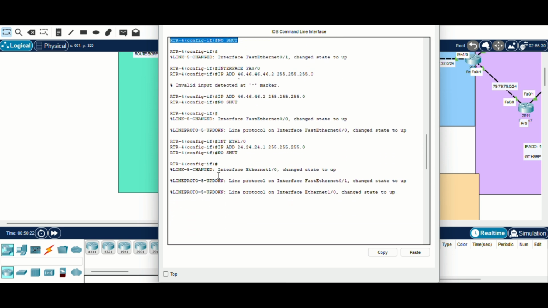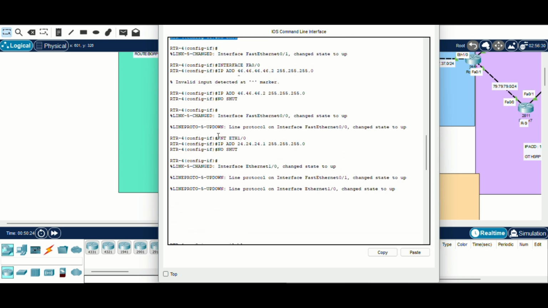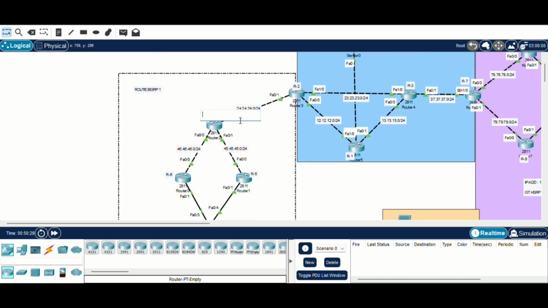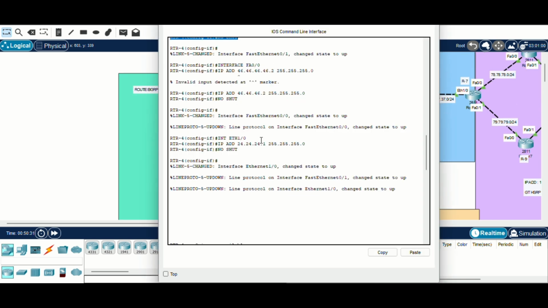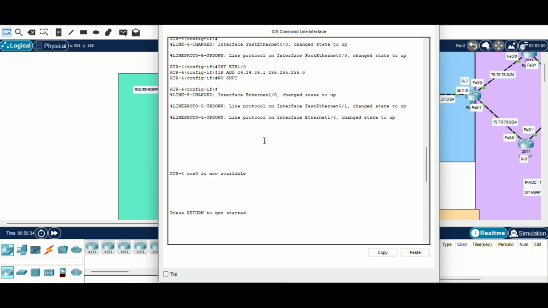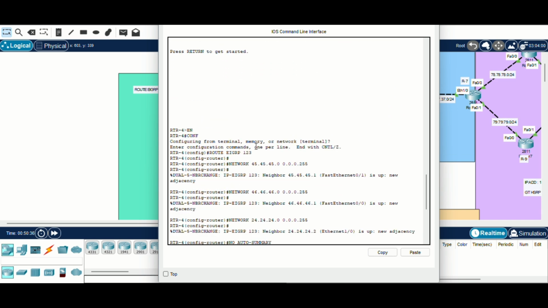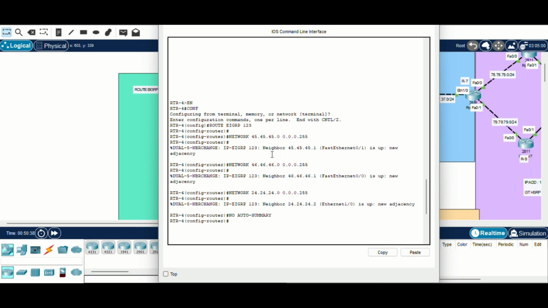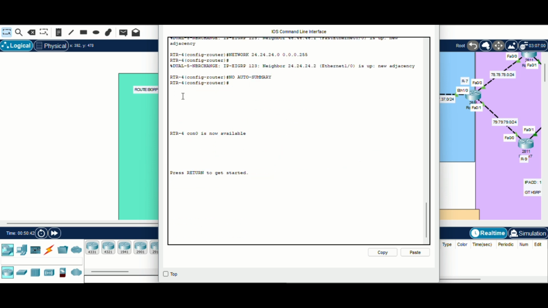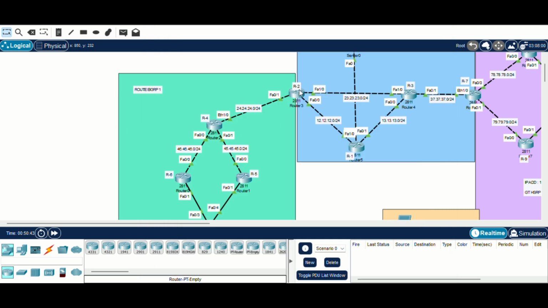After that, the last interface Ethernet 1/0 is connected to router 2 with the IP address 24.24.24.1. And after that you make router EIGRP, don't forget, with the three networks. No auto-summary. Okay, go to router 2.